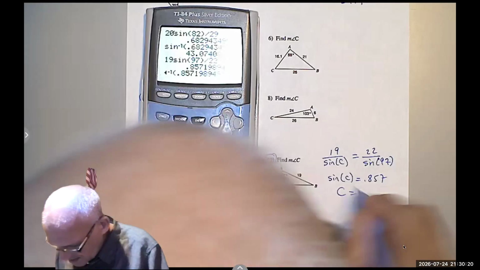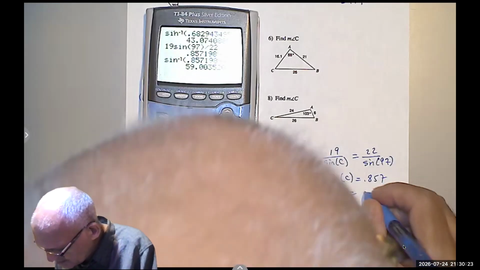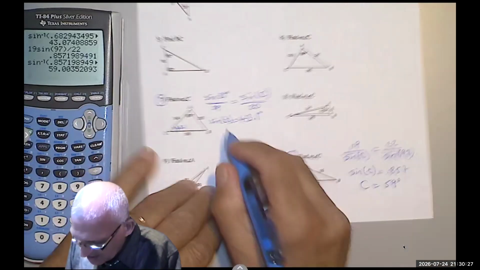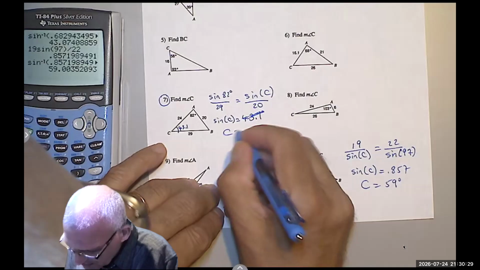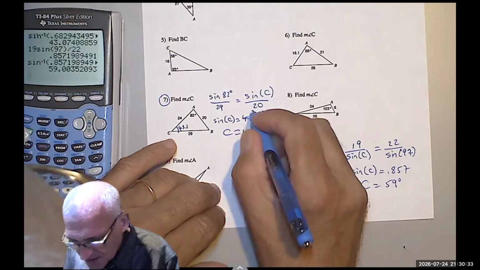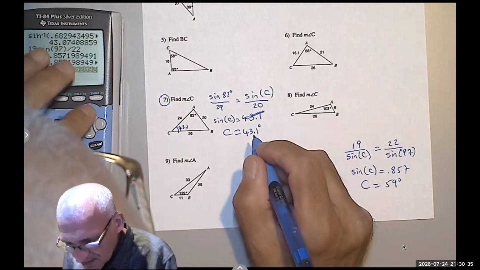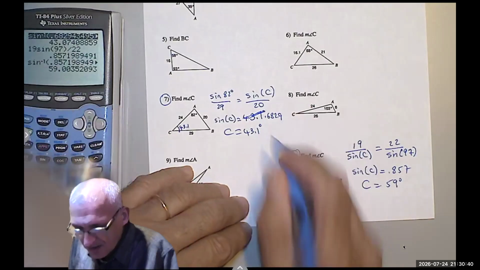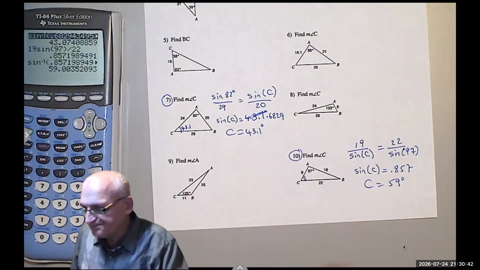So C equals 59 degrees. So do you see how easy it is? Oh, I'm sorry, here C equals 43.1 degrees. This value was 0.6829. I'm sorry. Okay, so far so good?